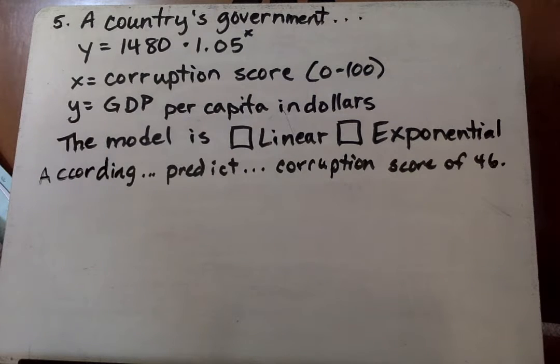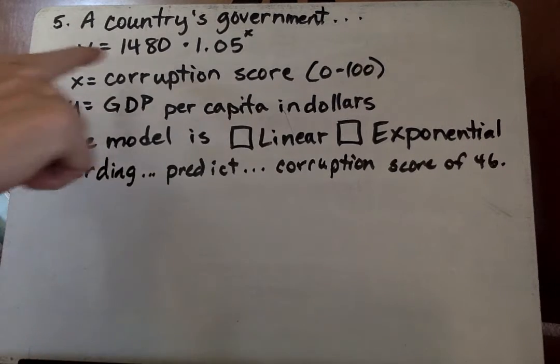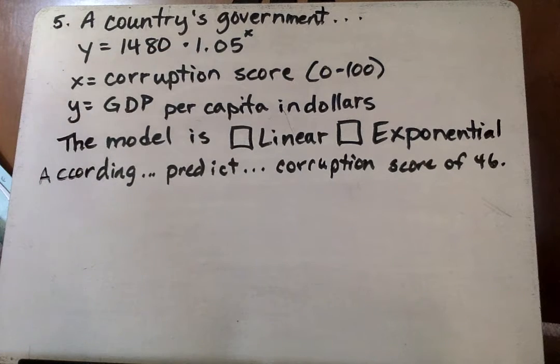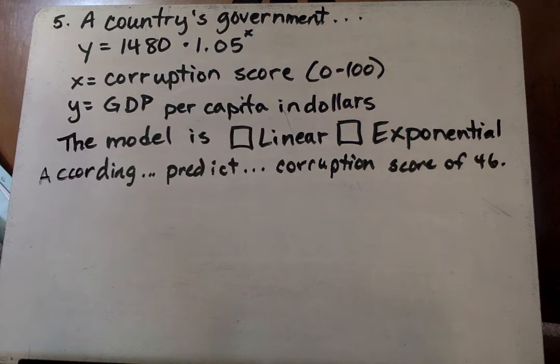A country's government corruption is correlated to the gross domestic product per capita. This can be modeled by, and there's your equation right there, X equals corruption score, Y equals gross domestic product per capita in dollars. Is this model linear or exponential?